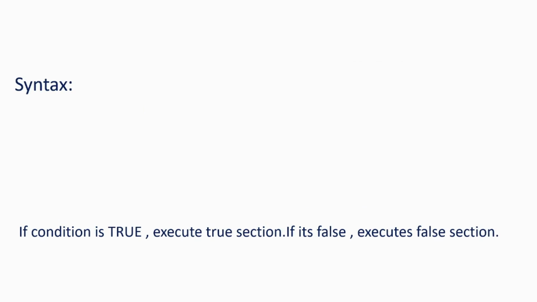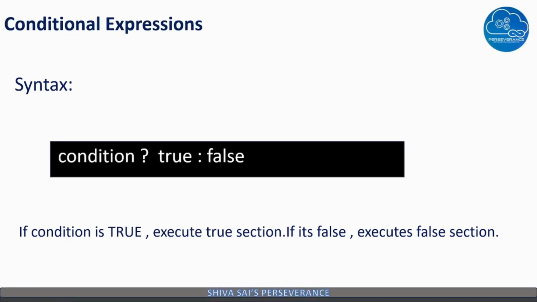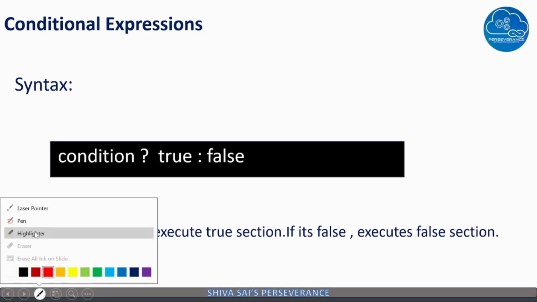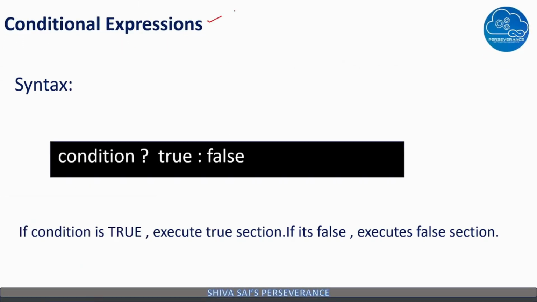How we can actually make use of conditional expressions within Terraform. All right, let's do this. So, what are conditions? If a condition is true, execute this. If the condition is not true, execute something else, right? In Terraform, we can make use of conditional expressions using the syntax highlighted.